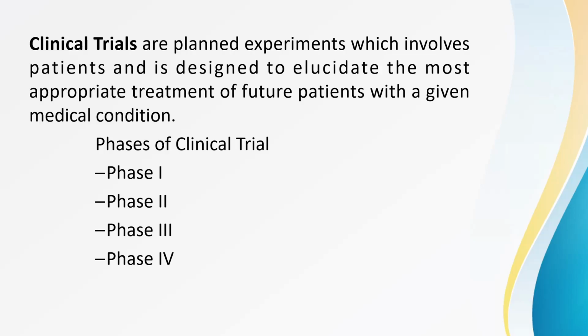In phase 3, a larger group of subjects is involved, around 1000 to 3000 or maybe more depending upon the study, and the drug is tested for efficacy and safety. After phase 3, the drug is sent to the FDA for approval, and if the drug gets approval, then phase 4 starts.